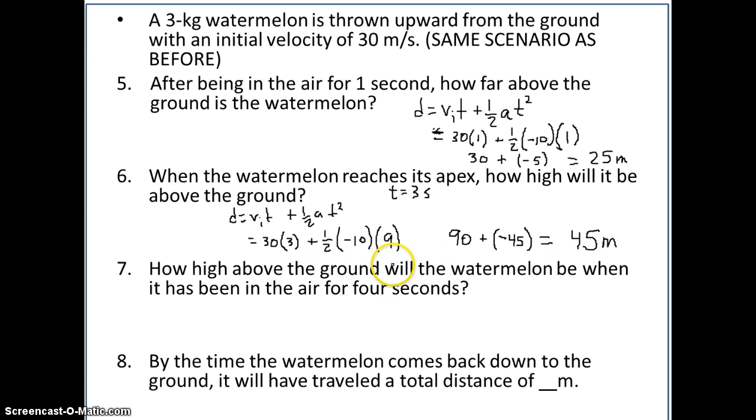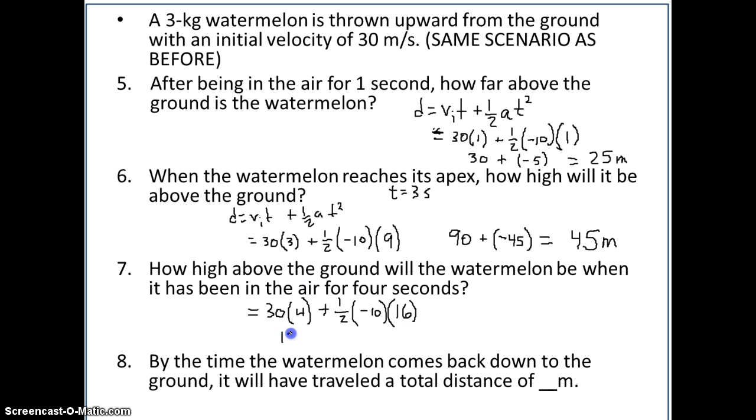How high above the ground will the watermelon be when it's been in the air for 4 seconds? Still using that same equation. Distance equals VIT plus 1/2 AT squared. Same equation as above. I'm not even going to write it again. 30 times 4, plus 1/2 times negative 10, with the time of 4. 4 squared is 16.